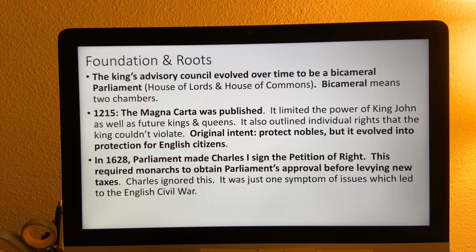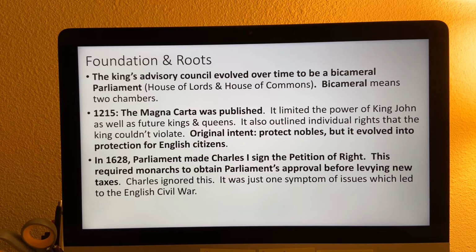Now, in 1215, they wrote, it should say wrote, not published, they wrote the Magna Carta. And what happened was Parliament was irritated and tired of King John and his abuse of power. So they decide that they are going to write this document called the Magna Carta.